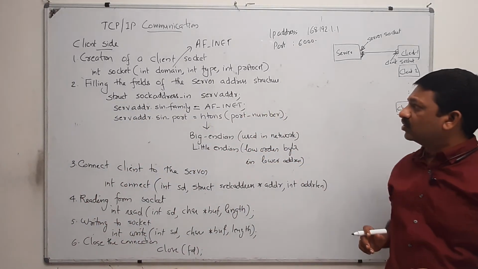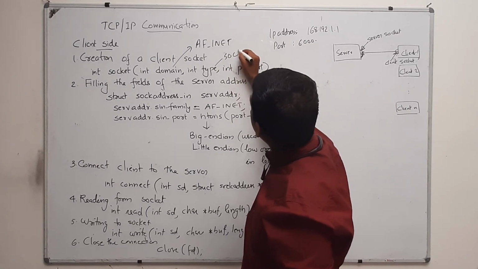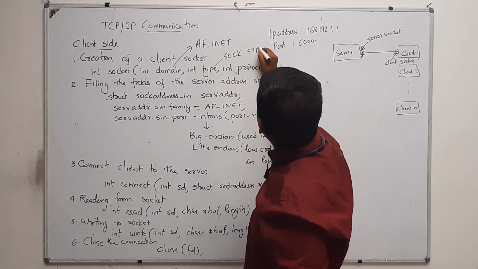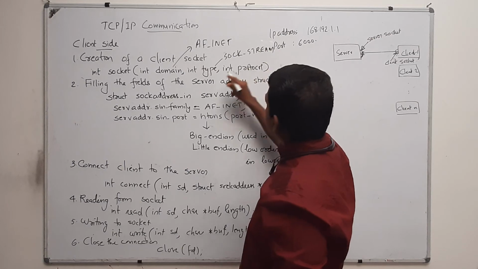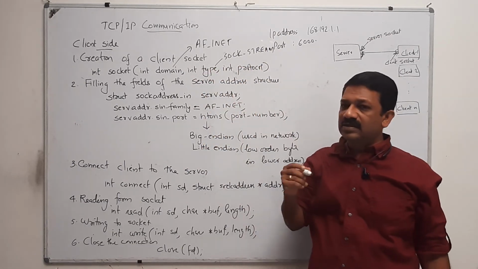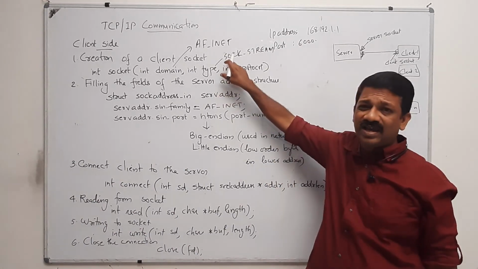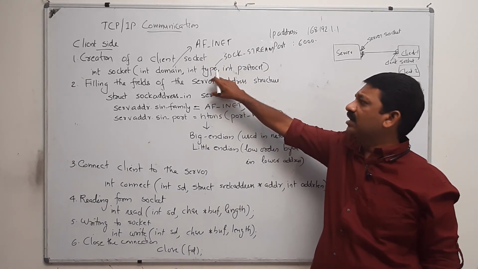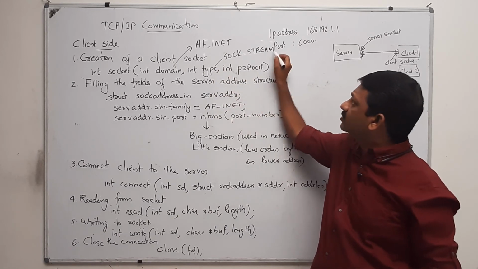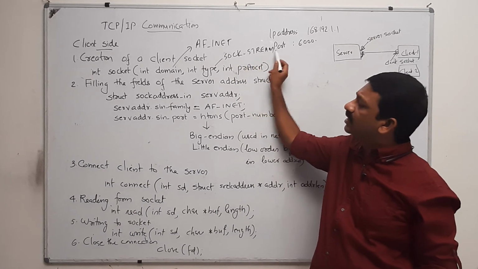If it is a connection oriented service, this is SOCK_STREAM. If it is a connectionless service, that means datagrams, and connection oriented service is using SOCK_STREAM. If it is a datagram, here it is SOCK_DGRAM.